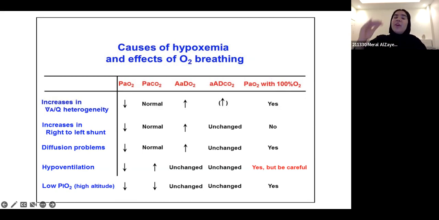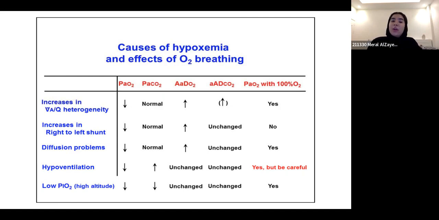However, if it reaches 660, which is in the cases of VQ mismatch and diffusion limitation, now we know it's either VQ mismatch or diffusion limitation. And how do we differentiate between them? By using the carbon monoxide diffusing capacity. If the diffusing capacity is normal, we automatically know that it's VQ mismatch.